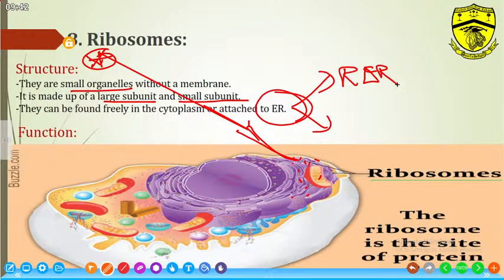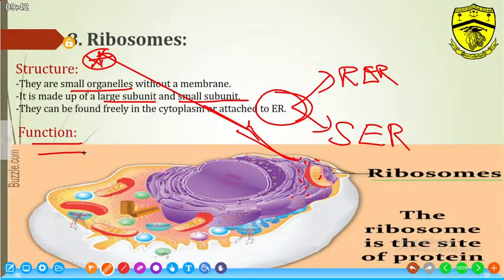The ER without ribosomes is called smooth ER, smooth endoplasmic reticulum.